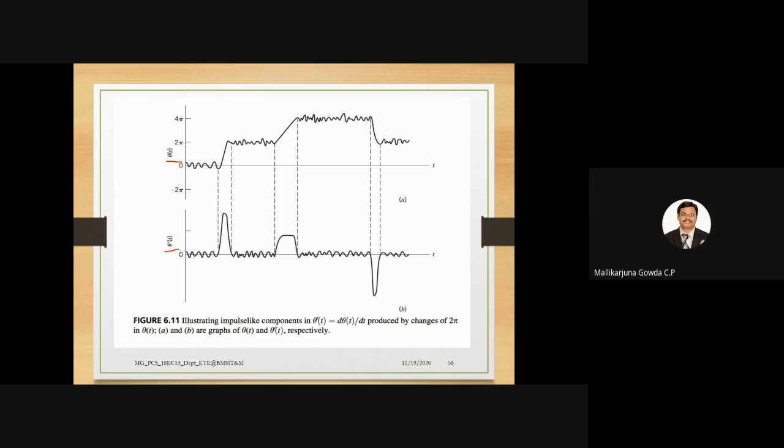Theta dash of t is the output of the discriminator, meaning it is the derivative of theta of t. These are the impulse-like components in theta dash of t; this is one impulse function.